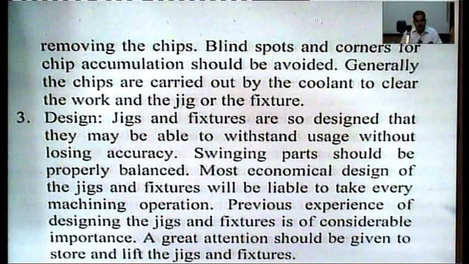Blind spots and corners for the chip accumulation should be avoided. Generally, the chips are carried out by the coolant to clear the work and the jig or the fixture. Third factor is design. Jigs and fixtures are so designed that they may be able to withstand ill uses without losing accuracy.